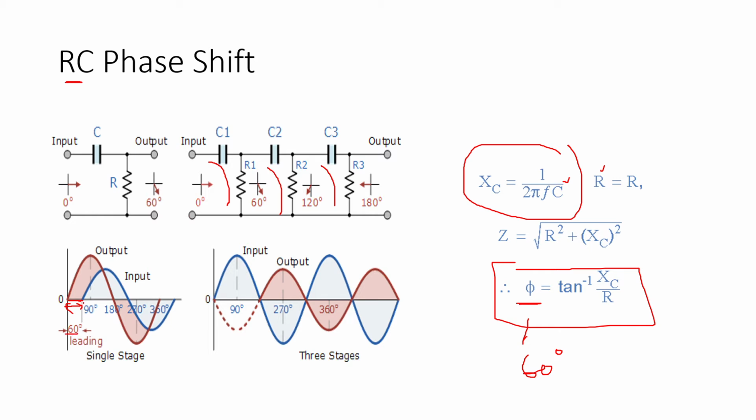When it comes to the second RC, it will become 120 degrees, and the third one will become 180 degrees. That means inversely, one is like this, another one is like this. The full cycle is 360 degrees. Like this one, the input and output using the 3 stages. So this is 180, this is 360.